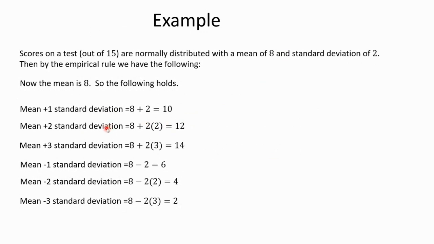Whereas here, we have 2 standard deviations. So we're at the mean, and we add 2 standard deviations, which is 2 times 2. We get 12. Standard deviation is 2. If we were to subtract a standard deviation, we have 8 minus 2, which is 6. 8 minus 2 times 2 is 8 minus 4, which is 4.